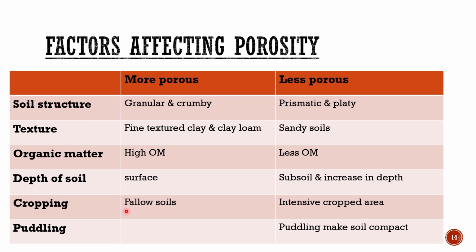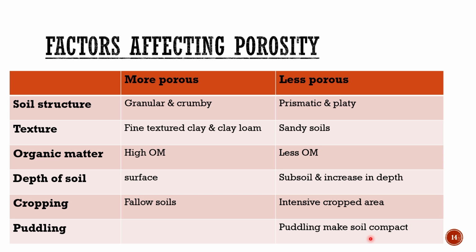When we do not do any agricultural practice for many years, it is known as fallow soil. When we do cropping, the porosity decreases. Fallow soil will be more porous than intensively cropped area. Then puddling makes the soil compact. We know that.